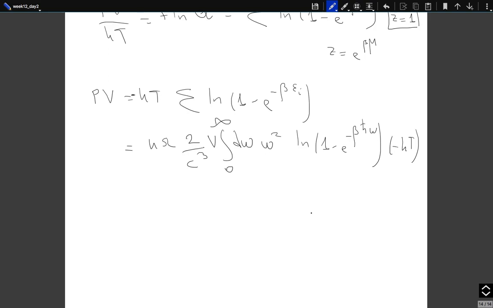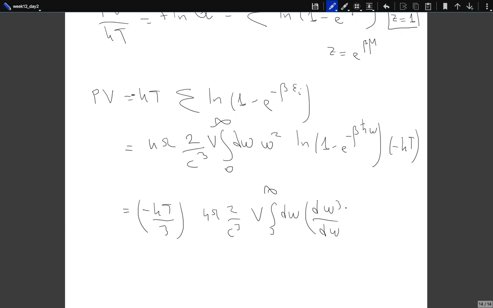So I can just do an integration by parts. So this will be equal to minus kT over 3, 4 pi 2 over c cubed V, integral from 0 to infinity d omega, derivative of omega cubed with respect to omega of this logarithm.